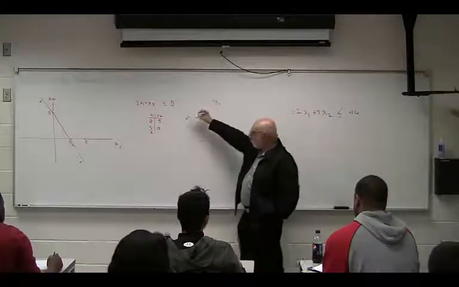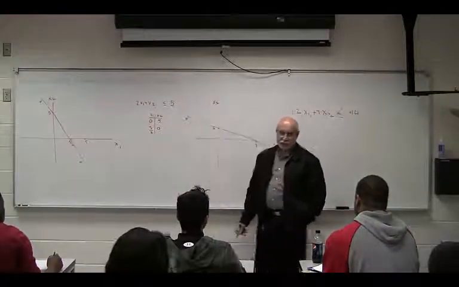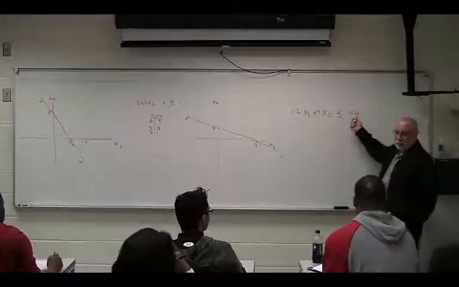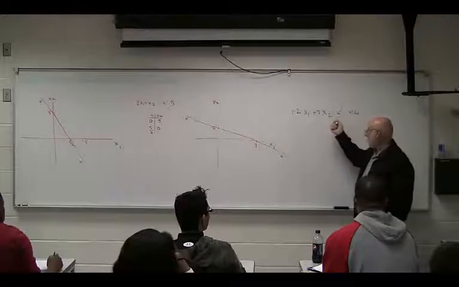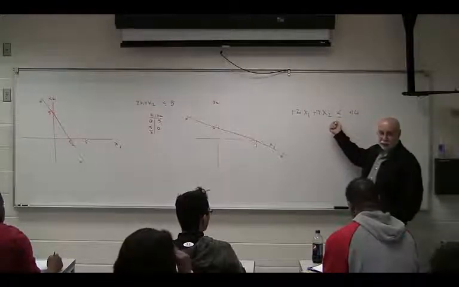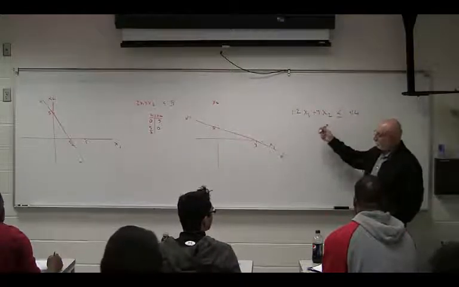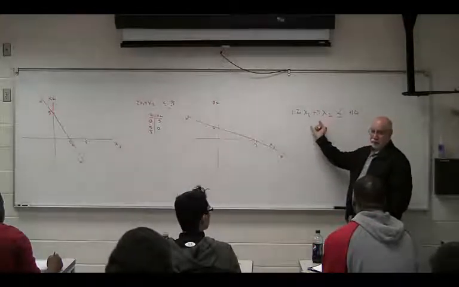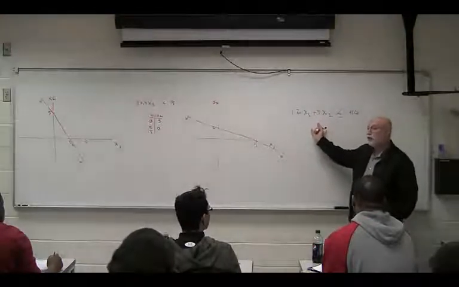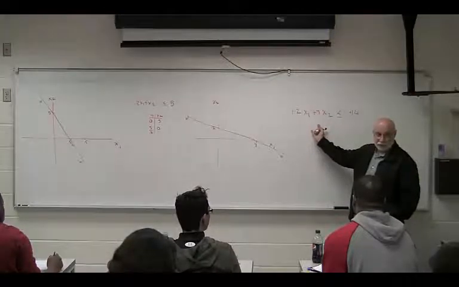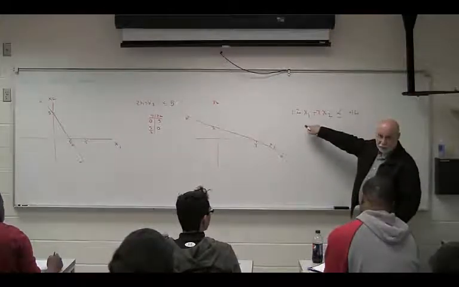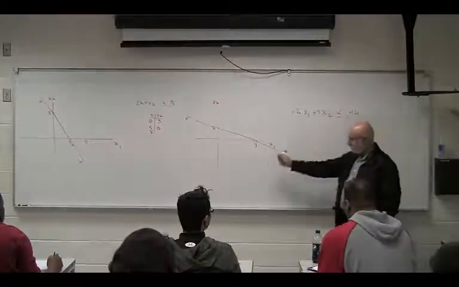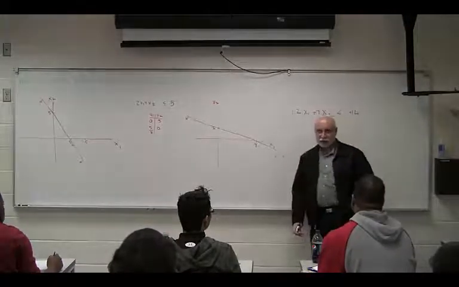What happens if the arrows were the other direction? Nothing in here will change. Only this will change. Because if the arrow is pointing the other direction, when I plug in 0, 0, the result has to be false, which has to say 0 is greater than 14 if the arrows were the other direction.